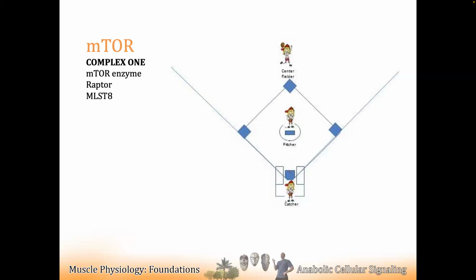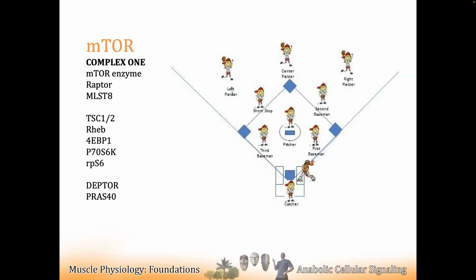And then the last one here would be MLST8 or GβL, G protein beta subunit-like. So GβL or MLST8, two names for the same thing, in this case, a center fielder. Critical, right? But more peripheral and far less interesting than the pitcher and catcher. Again, we'll talk about it in a couple of minutes.